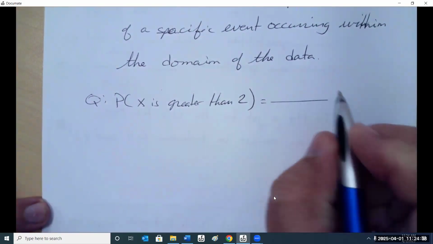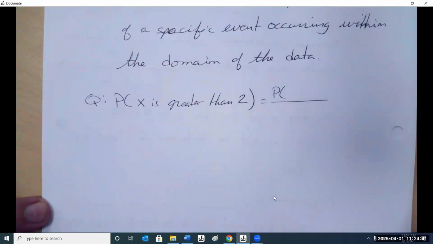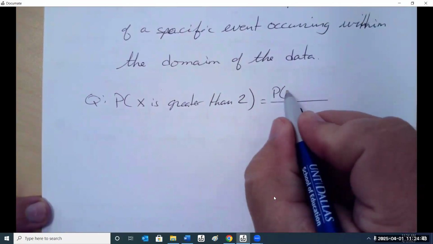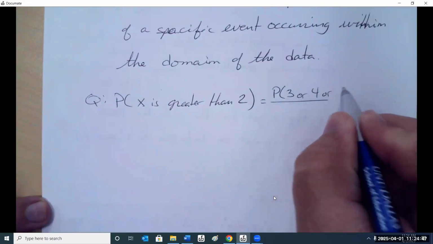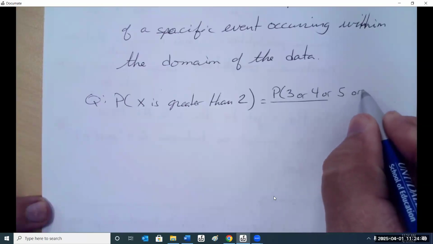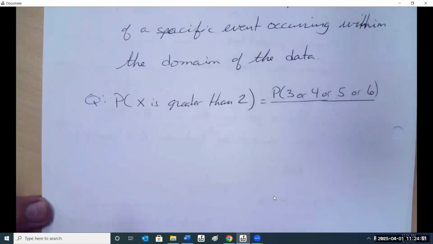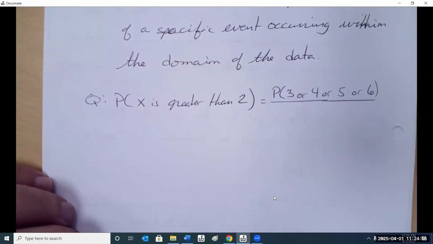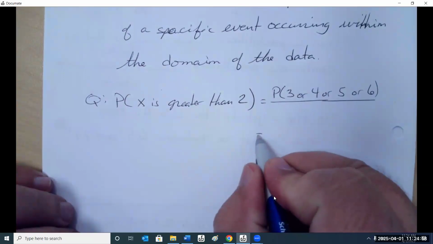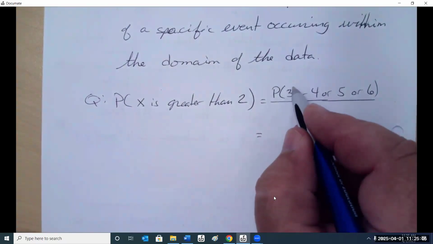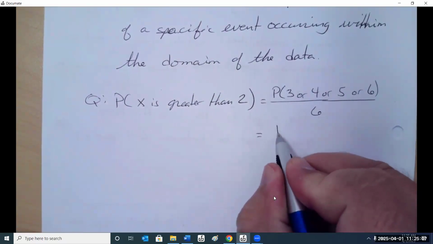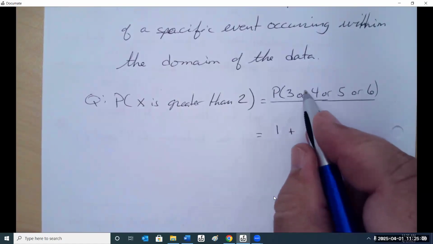Okay, so yes. The probability of winning would be rolling a 3 or 4 or 5 or a 6. There are 6 sides on a die, so there are 6 possibilities. The probability of rolling a 3 is 1 out of 6. Or means plus.